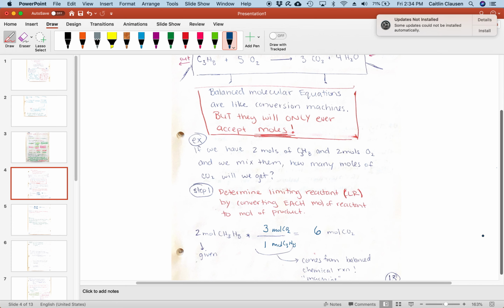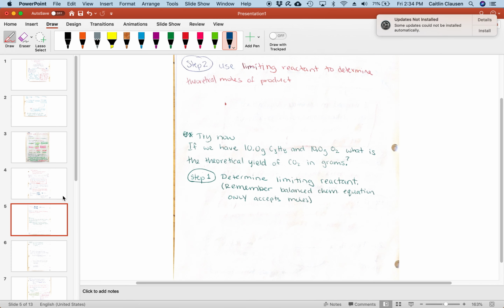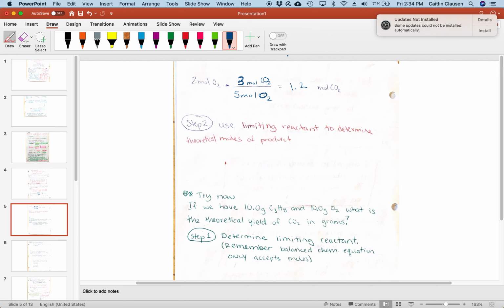So we had 6 moles of carbon dioxide from 2 moles of propane and 1.2 moles of CO2 from 2 moles of O2.